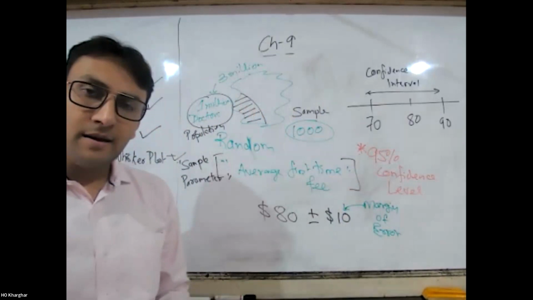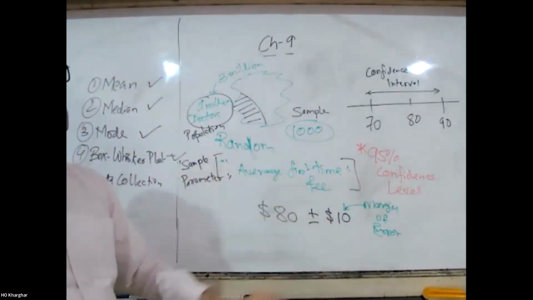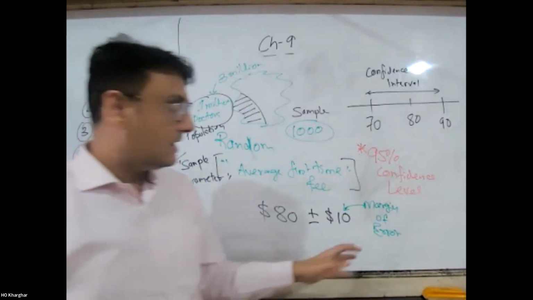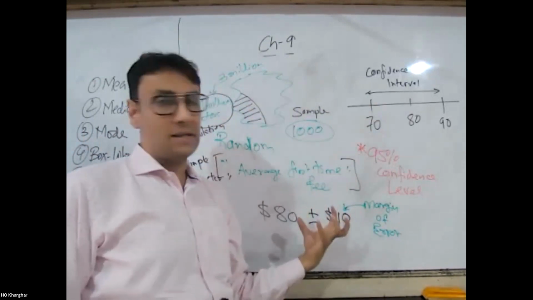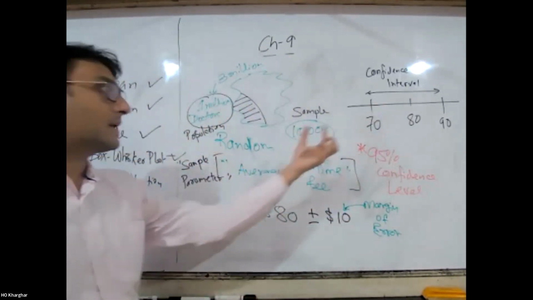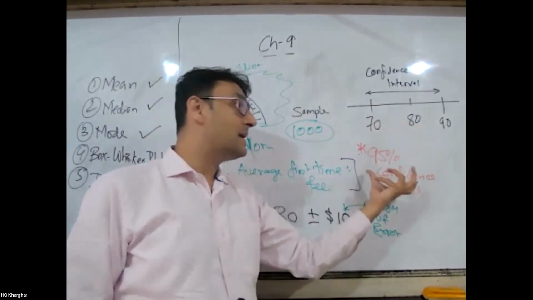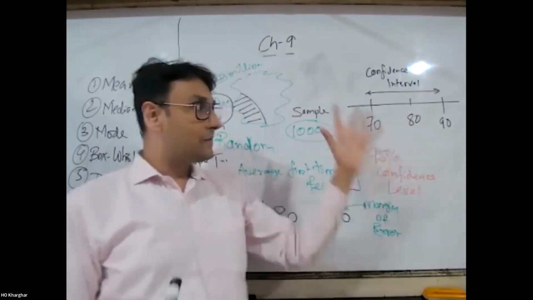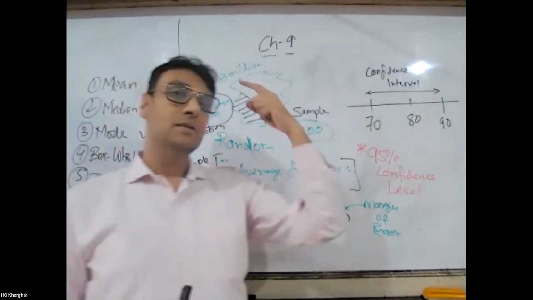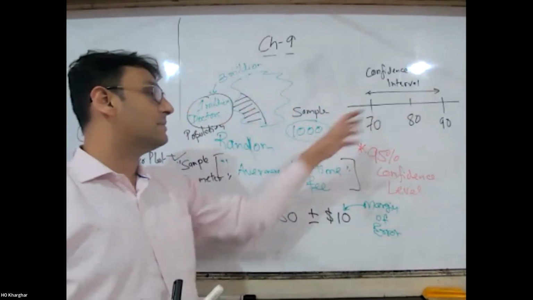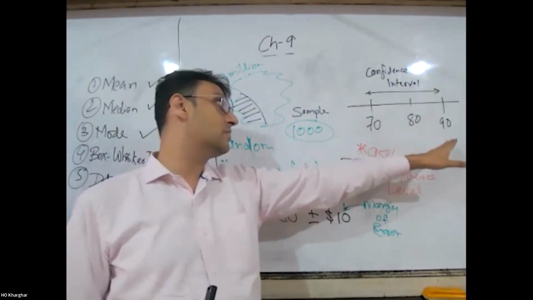This means that I'm making a claim and saying if a similar study is done, there is a 95% chance that for any other study of similar nature, the sample parameter would be within my confidence interval. I'm 95% confident that if a similar study is done, studying a similar parameter, the study's sample parameter would lie in my confidence interval between 70 to 90.